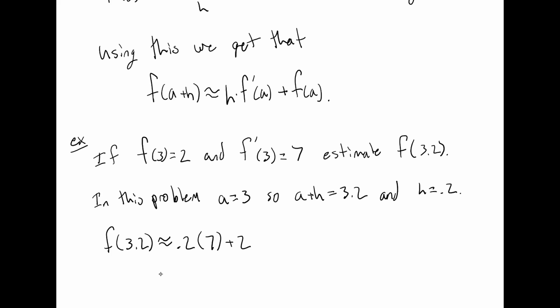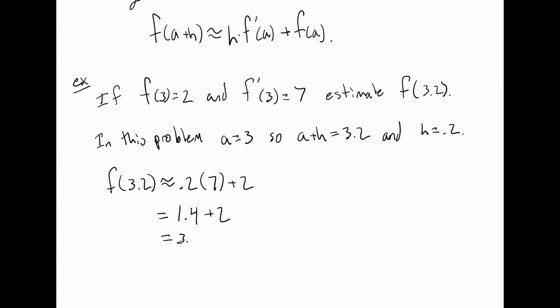And so once we have this, we can just grab our calculators and say, okay, well, 0.2 times 7 gives me 1.4, plus 2, and we get 3.4.